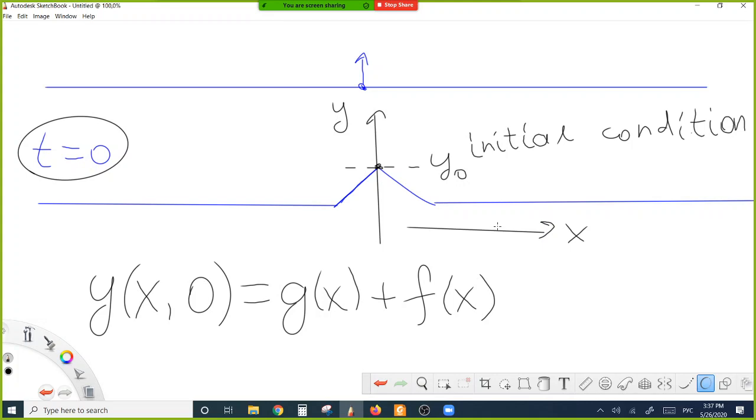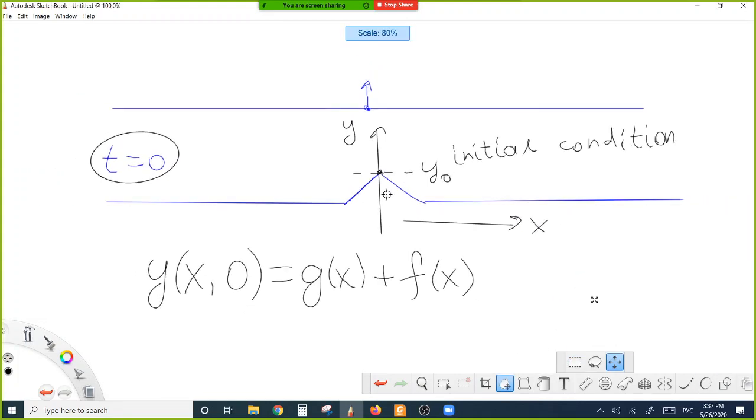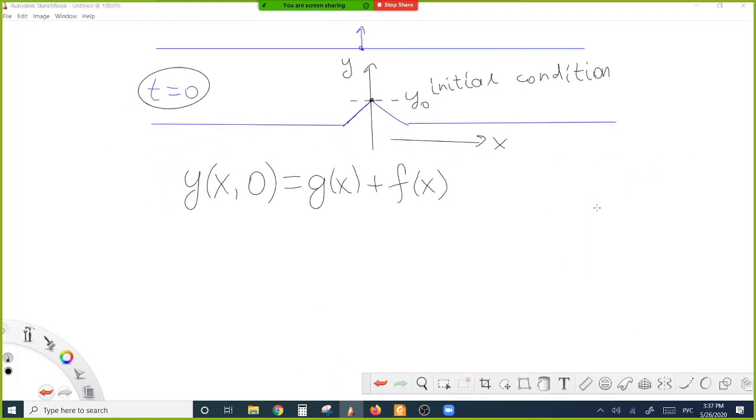And after some time, for example after a time t1, when we introduce this disturbance, it will start to propagate in both directions, to the right and to the left.